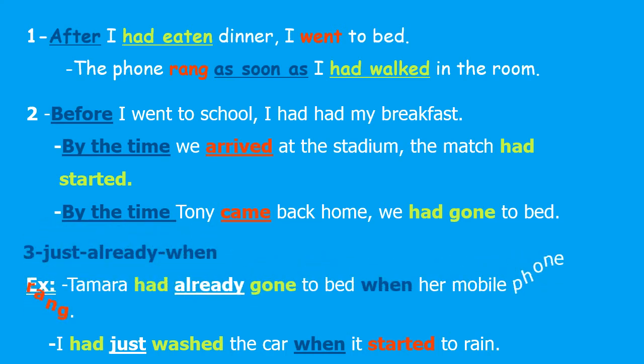So the example here will be Tamara had already gone to bed when her mobile phone rang. Or I had just washed. We also use the word just between had and the past participle, as we use it between has and have and the past participle in the present perfect. The example will be I had just washed the car when it started to rain.